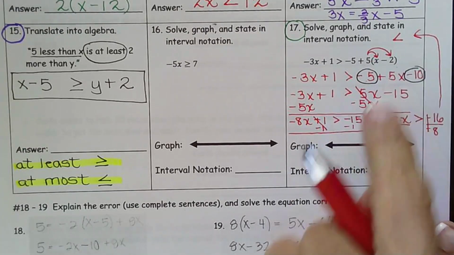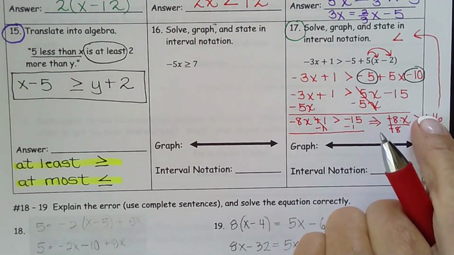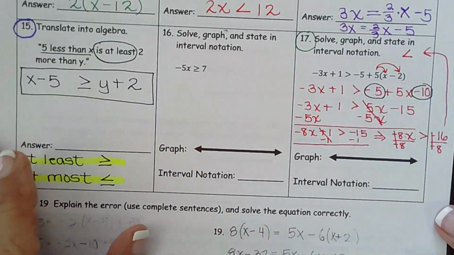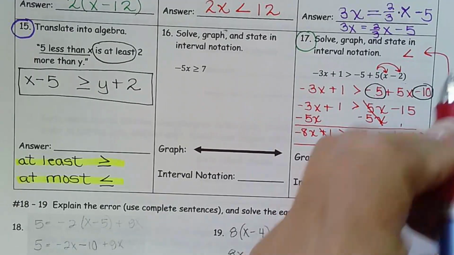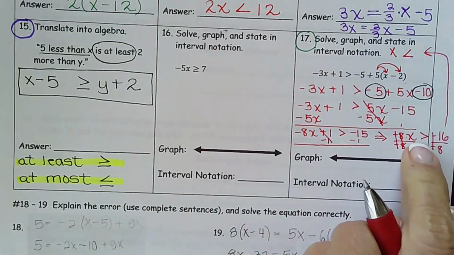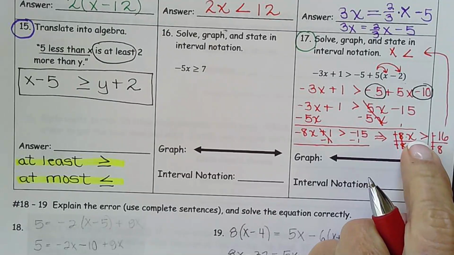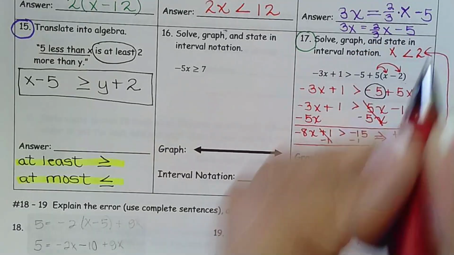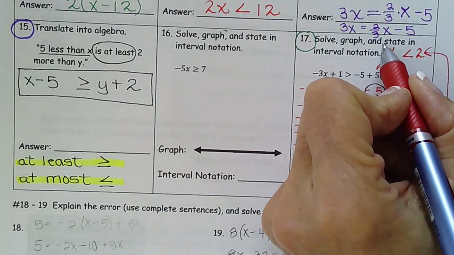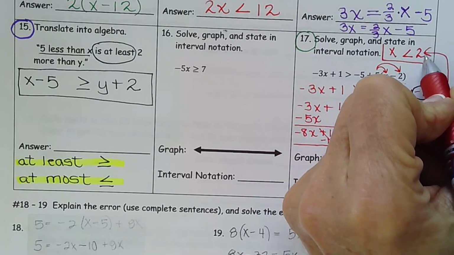So usually I flip the sign even before I do the double negatives, but I had to move it up there. So 8 divided by 8 is 1, so we get x, which is now less than, and positive 16 divided by positive 8 is 2. So there is my solution.